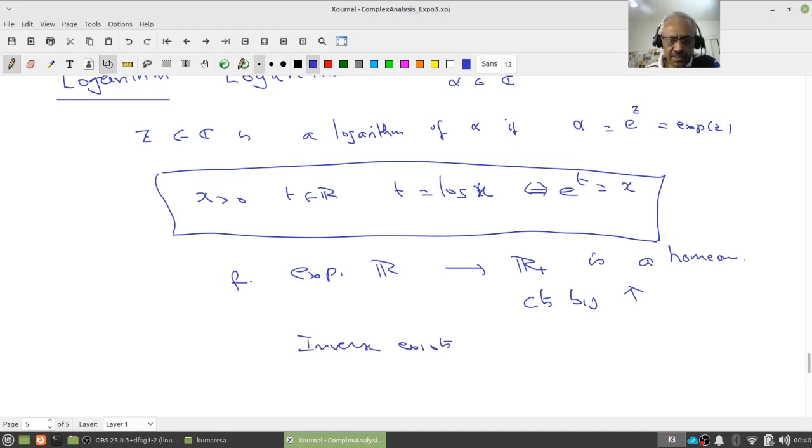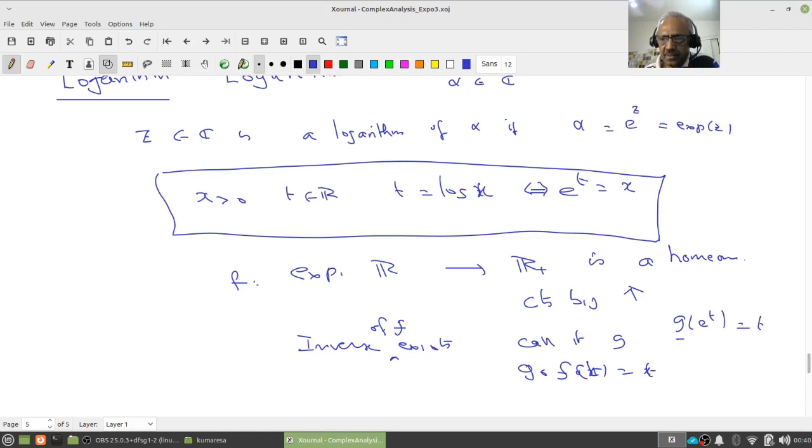Call this function f. The inverse of f exists. Call it g. Then what does it mean? g composite f of x must be equal to x, or if you call it t, must be equal to t. Because this will be g of exponential of t is t.